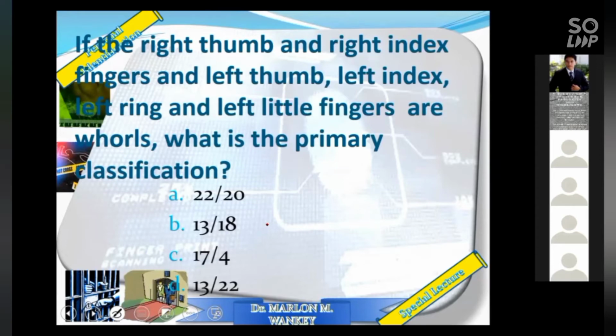Next, if the right thumb and right index fingers and left thumb, left index, left ring, and left little fingers are whorls, what is the primary classification? You solve it.